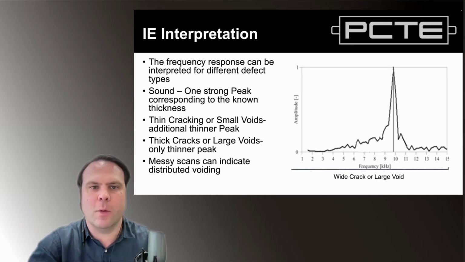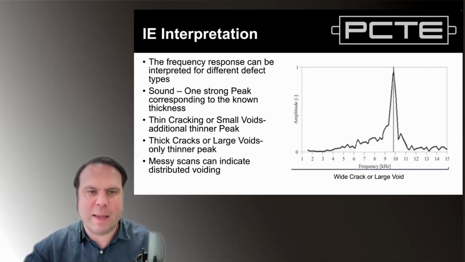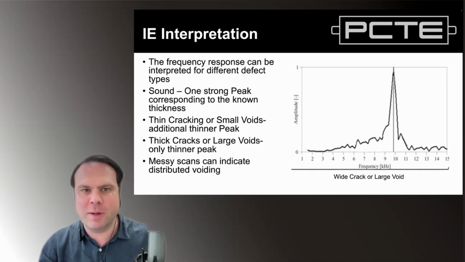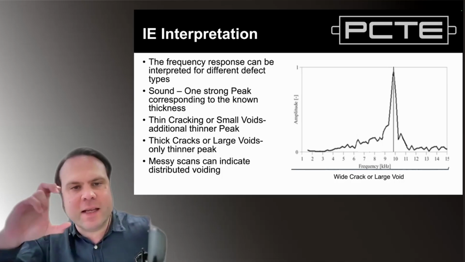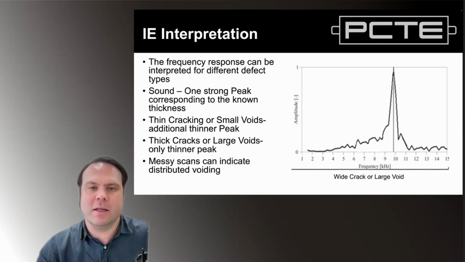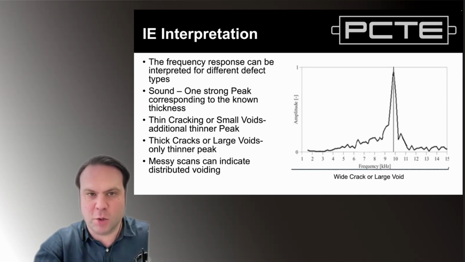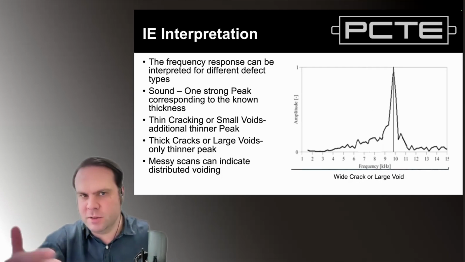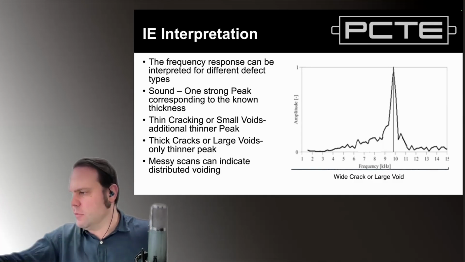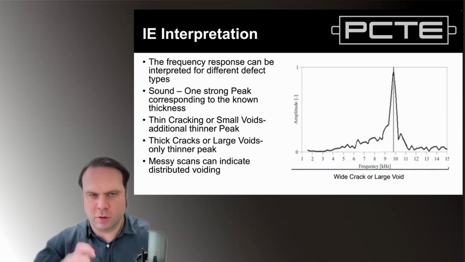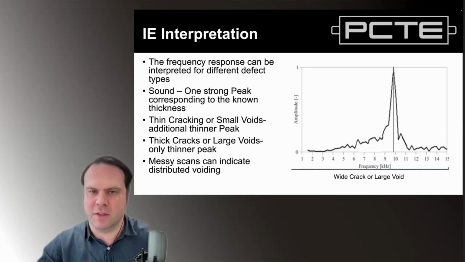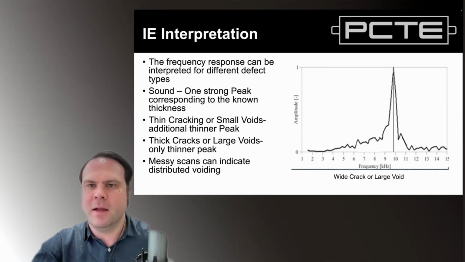If we then go and test over a delamination or over a large open void or void former, we're essentially testing a thinner element. So we go from maybe 250 millimeters thick to 100 millimeters thick. We see a frequency change, where the larger void reduces the overall apparent thickness of the element, and the frequency goes high. We go to the right of the keyboard, to the higher frequencies.